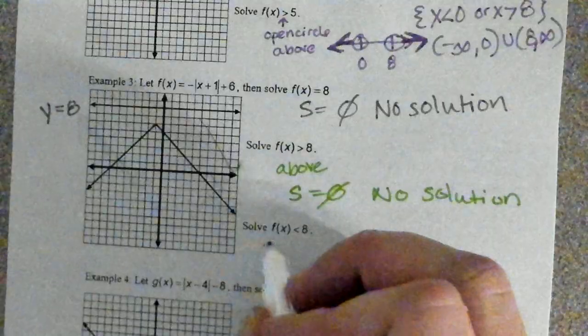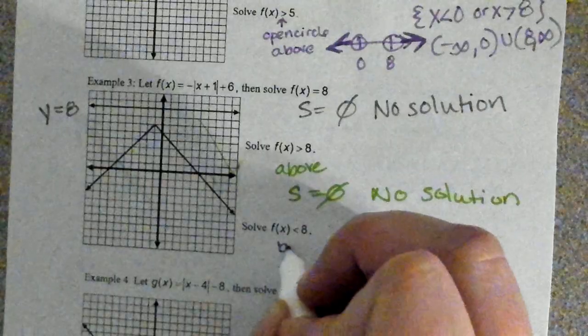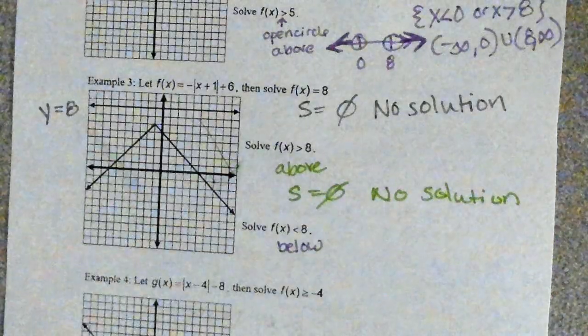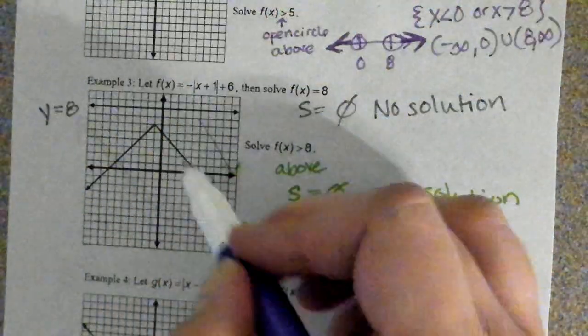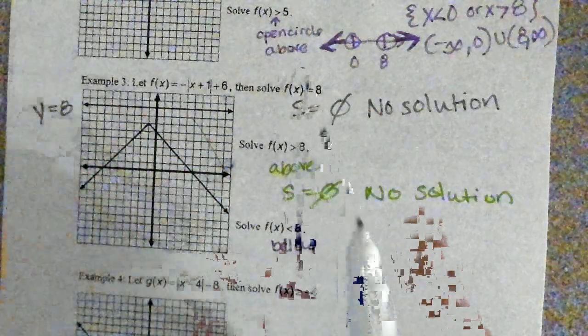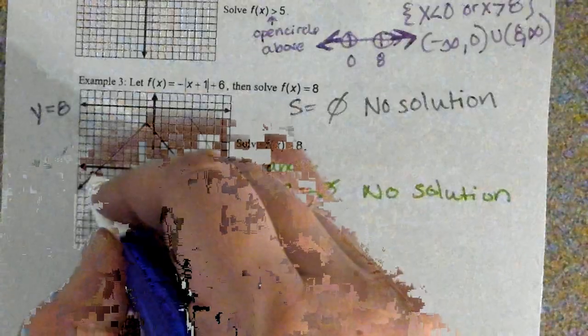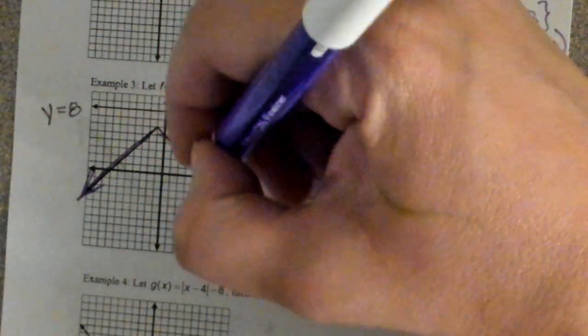Solve when f of x is less than 8. That's when this function is below the line y equals 8. Isn't it always going to be below? Imagine this extending out forever. It's still always below that line, so the whole thing is part of the solution set.